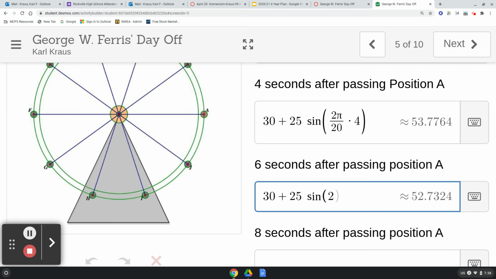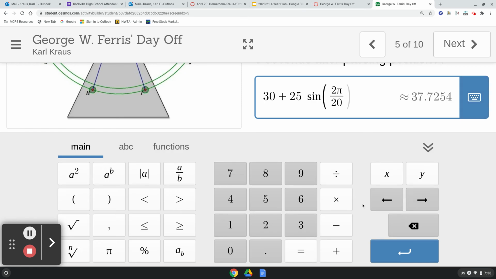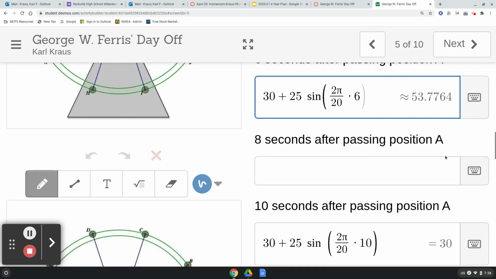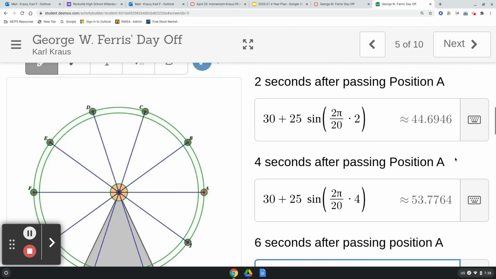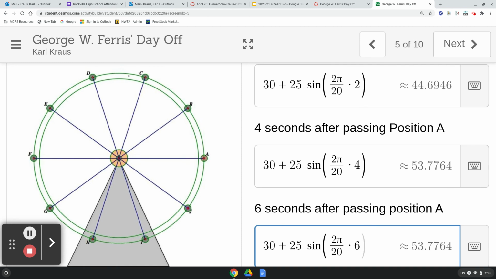And if you just type the word pi, you'll get the pi symbol. And then times 6. And that's 53, same as 4. So 4 and 6 seconds are at the same height.